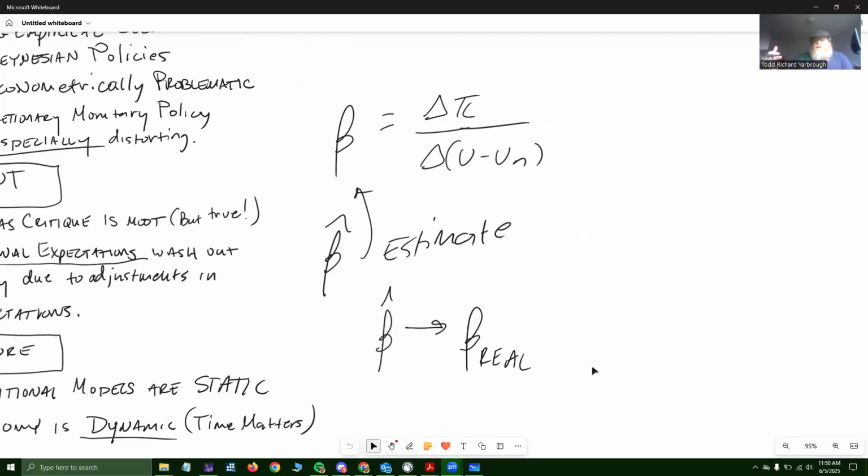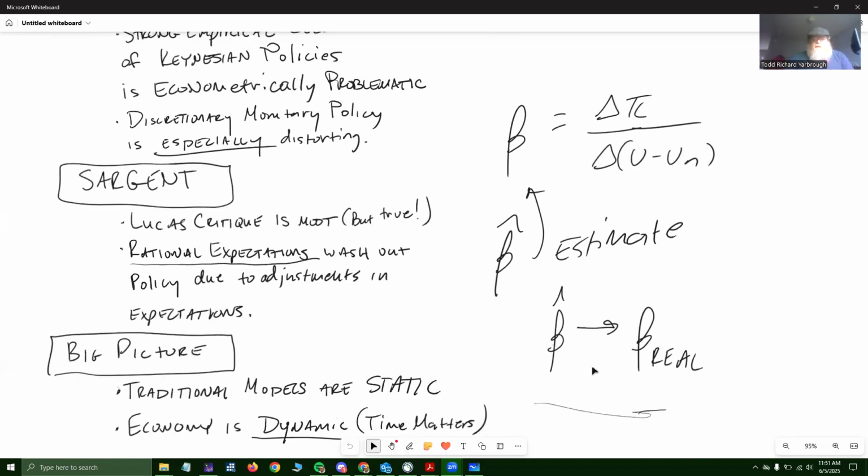If we have low sample sizes, then our attempt to measure it will likely be off, will be biased, and there are all sorts of other reasons why our estimates could be biased. But econometric theory says that under proper sampling, good sample size, and proper handling of control variables and confounding, the estimated value of beta converges to the real value of beta if your modeling is done correctly. And basically what Lucas is saying is that the modeling was not necessarily done correctly.